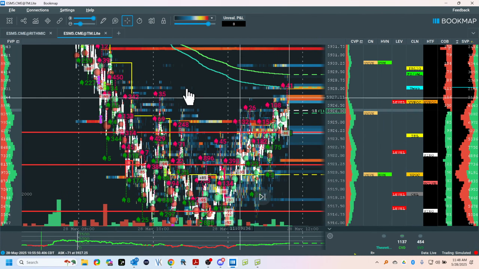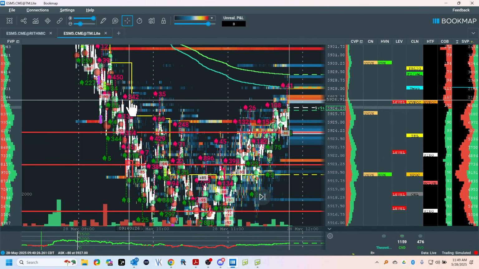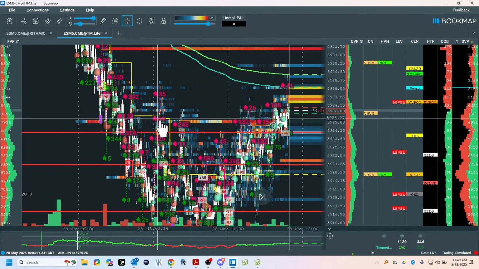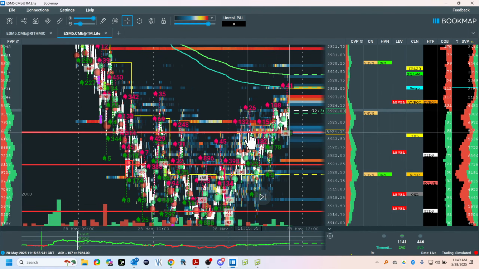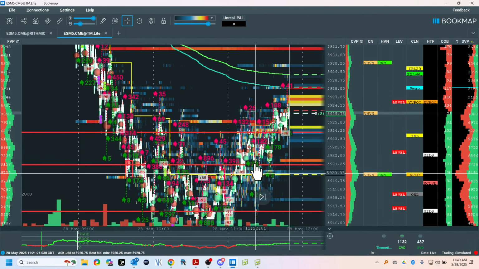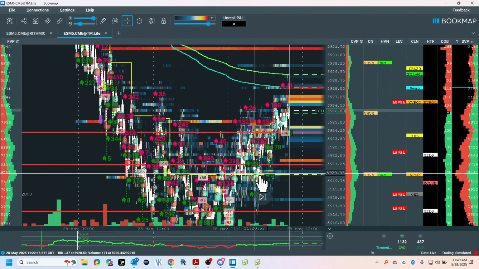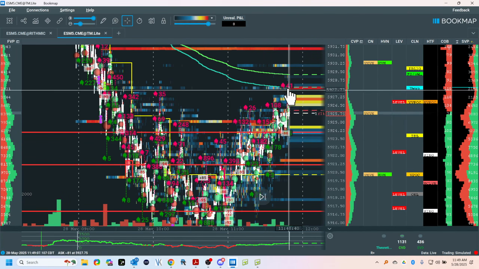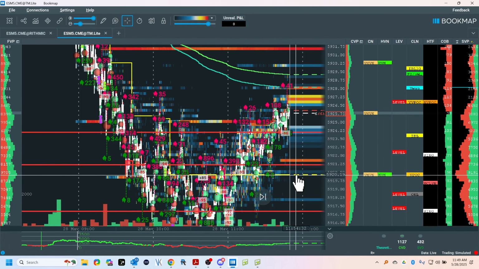I would not, because where are the stops? They're here. So why would I take a short in front of the stops? Now, if somebody took this, this is where you're going. Can you enter? How do you enter this when the VPOC is sitting here? If you're going to take a short, wouldn't you be doing it from here to here? The reversion trade? I mean, think about it.